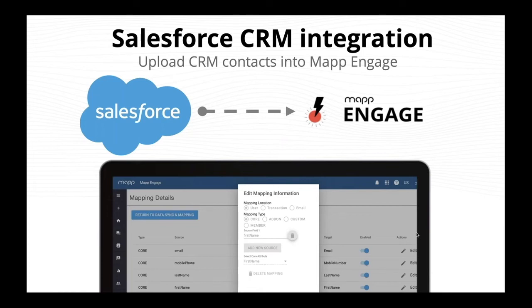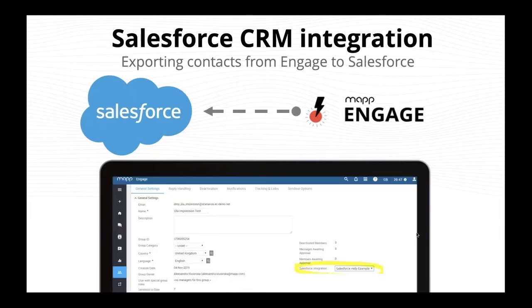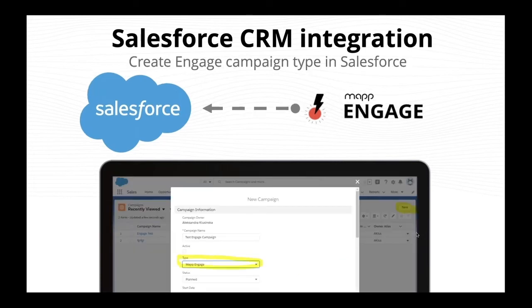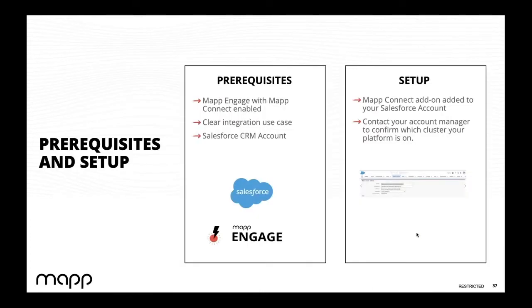With this new connector, after a one-time setup, the marketer will have no need to sync CRM contacts into Engage, or manually upload contacts from Engage to Salesforce, or go to Engage to create their campaign. You can select the Mapp Engage campaign type from within your Salesforce CRM user interface as shown here. Next slide, please.